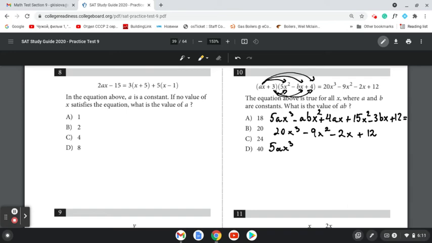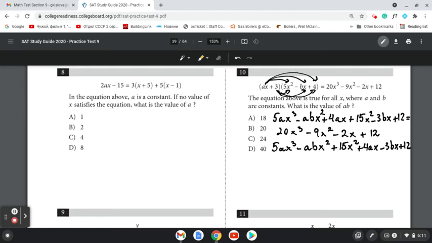I'm going to go to the square terms. So I have negative abx squared plus 15x squared. Then I'm going to list the x terms, which are 4ax minus 3bx plus 12. And that has to equal 20x to the third minus 9x squared minus 2x plus 12.